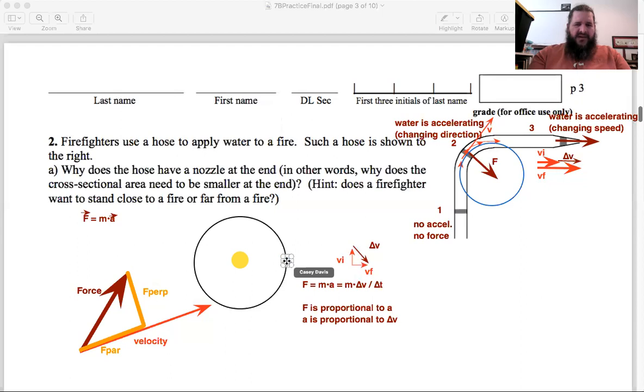So let's say at this instant in time, the orbit is counterclockwise. So at this instant in time, the planet's velocity is this direction. The velocity is going to be tangential to the circular path. But what force is acting on the planet?